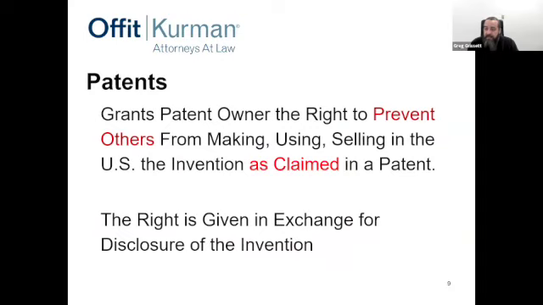What it does is give you a right to prevent others from doing very commercially relevant activities like making, selling, offering for sale. So when you get this patent and it's granted, it gives you this ability to prevent others from doing a certain thing. It doesn't give you the right to do something without risk. And we'll touch on that more when we go into freedom to operate a little bit later.